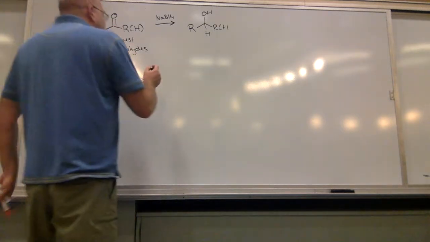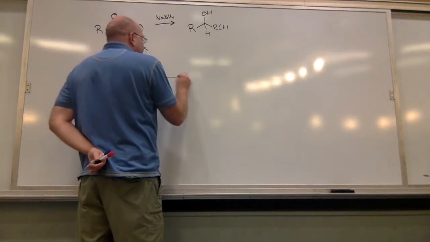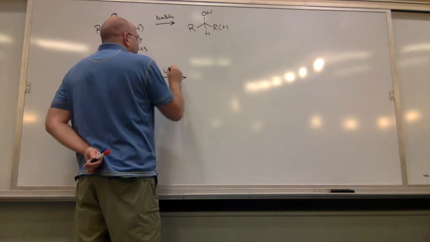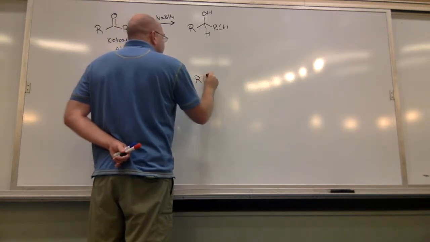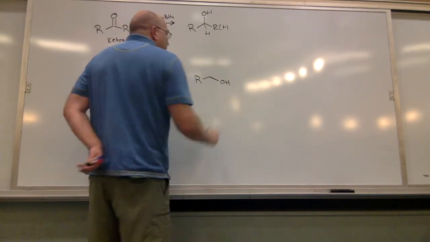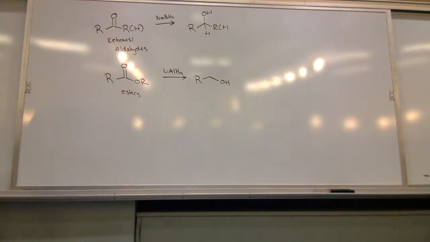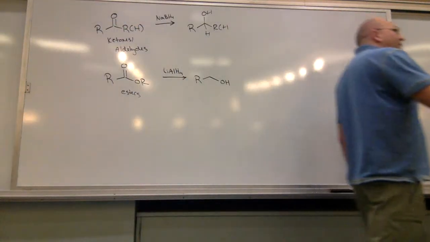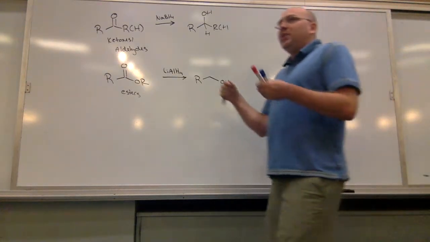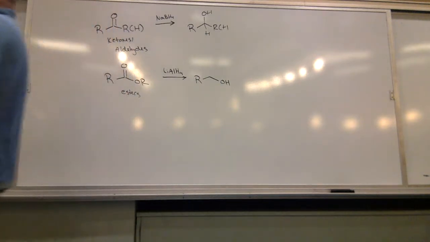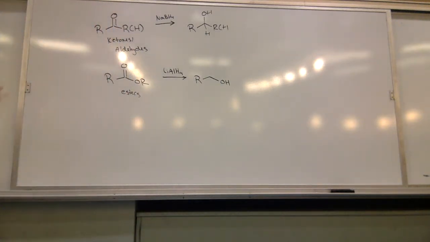So what we want to use in this case is lithium aluminum hydride. And what we said is that we're going to end up reducing all the way down to the alcohol. So the idea is that we're going to go through an aldehyde intermediate. The aldehyde intermediate is more reactive than the ester, so we're not going to be able to stop this reaction.